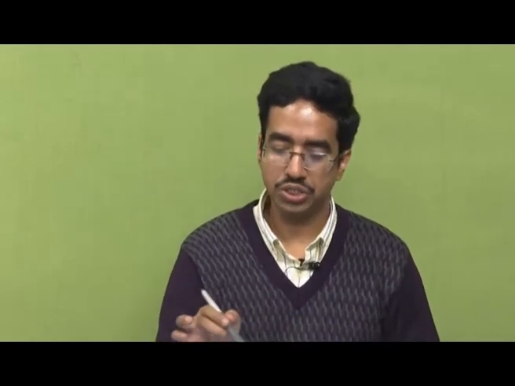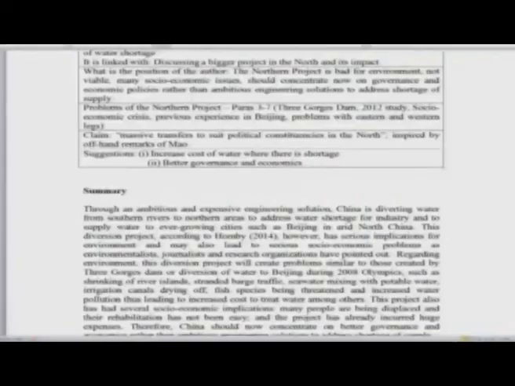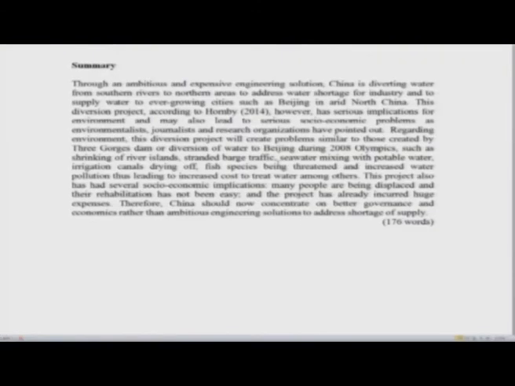And the suggestions are increase the cost of water where there is shortage, and stop engineering solutions, move to better governance and economics.